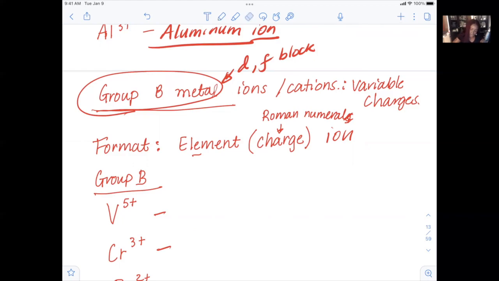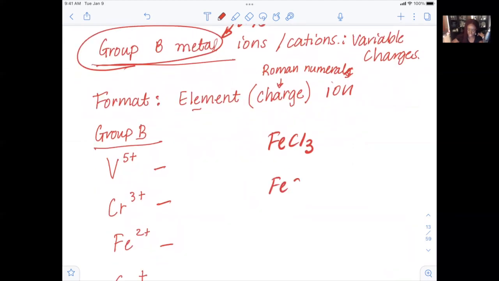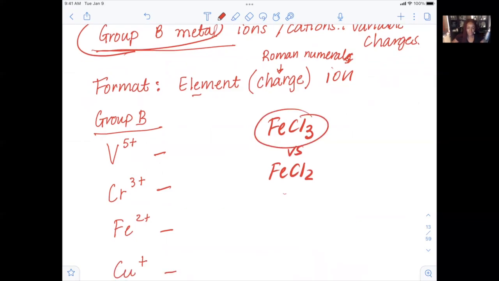So because of all this ambiguousness in the B metal, when it comes to naming the B metal, imagine being on the phone, right? And you're trying to describe to somebody, hey, can you get me this compound versus this compound, okay? The first versus the second. Okay, so you're probably wondering, well, just say FeCl3 versus FeCl2. We don't say things that way.